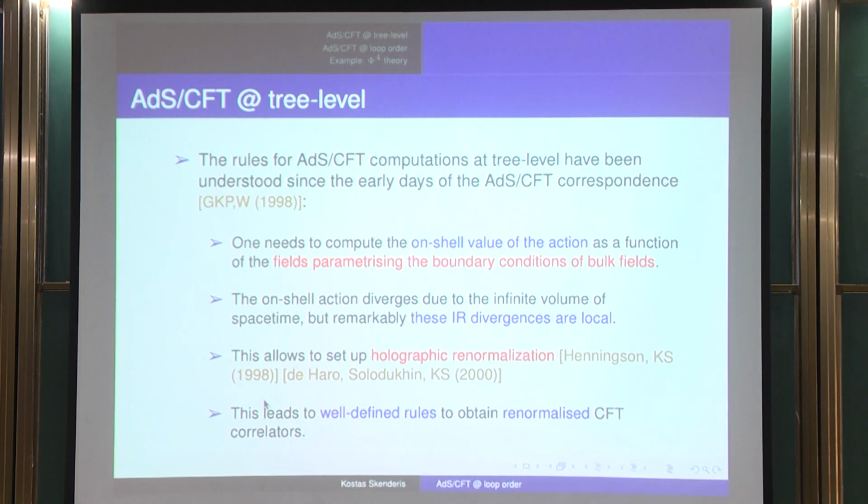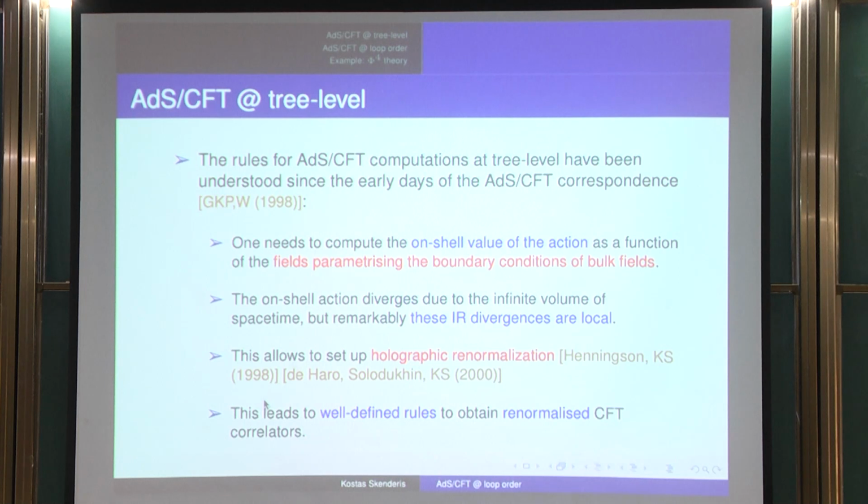This was a surprise. To some extent, now we understand it after 20 years or so. But to some extent, it's still a surprise, because if you move to more general theories of gravity, or perhaps more basically, if you just look at Einstein gravity with no cosmological constant, this property doesn't hold.